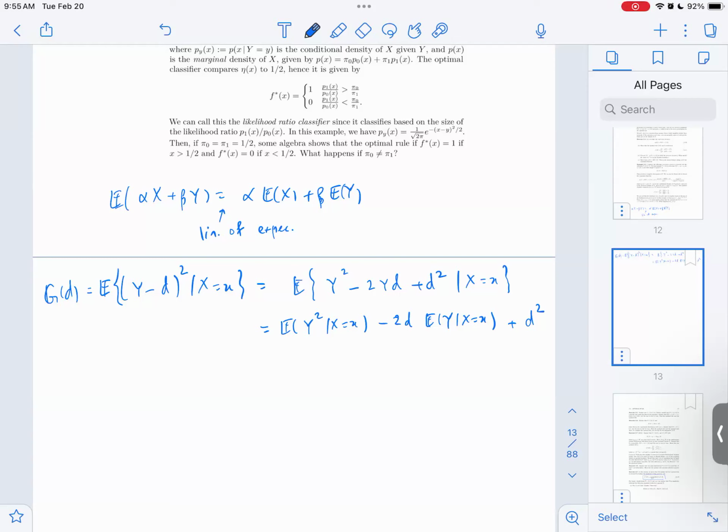So what is the next step? Take derivatives with respect to d. Yes, so this is a function of d, and this is just calculus. It's actually a quadratic function of d.